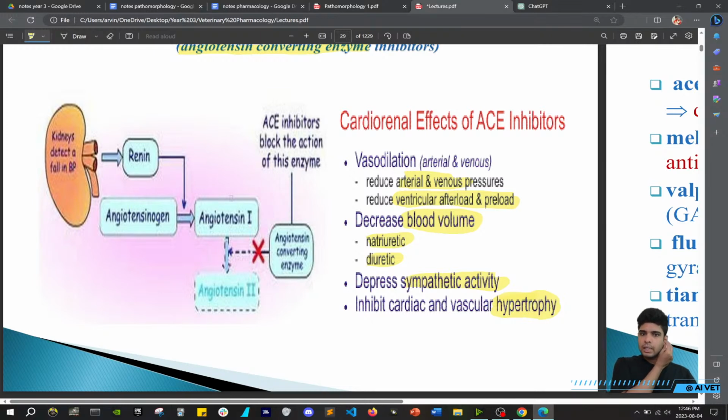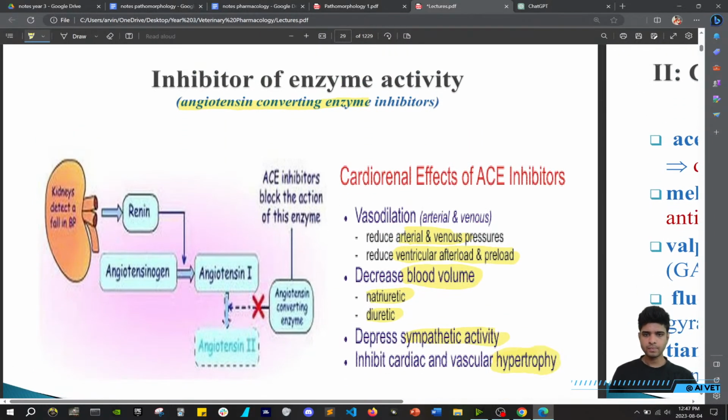Let's also look at the diagram once again to make better sense. Kidneys release renin. Renin is an enzyme released by the kidney. Renal, so you can remember that way. Angiotensinogen becomes angiotensin 1. The angiotensin converting enzyme is not involved yet.